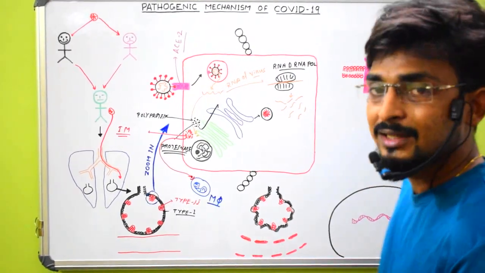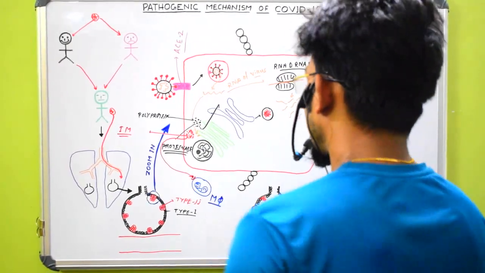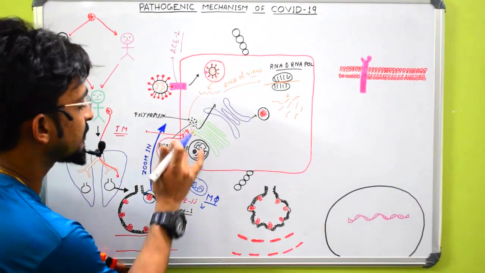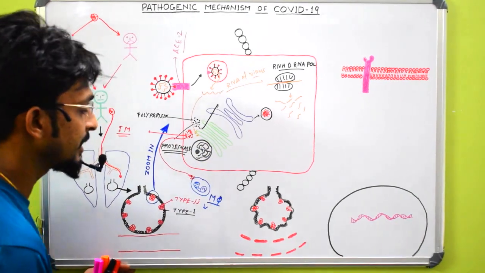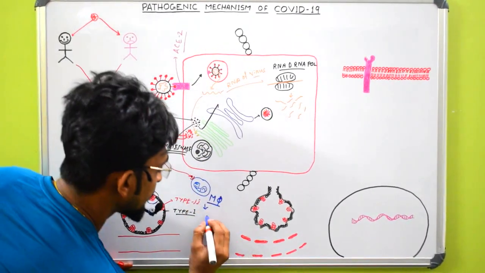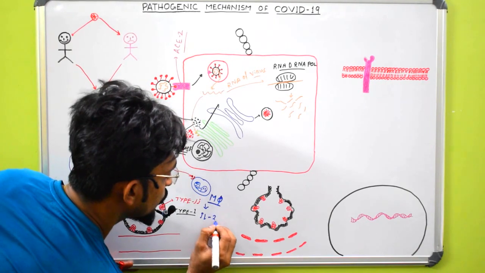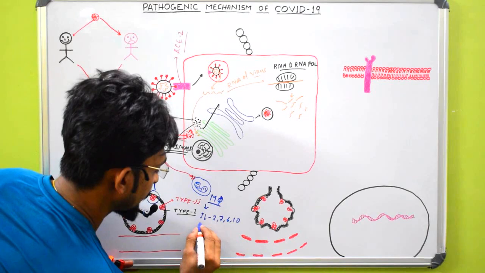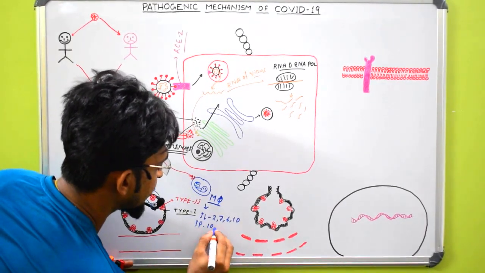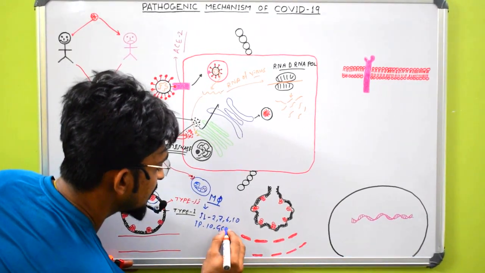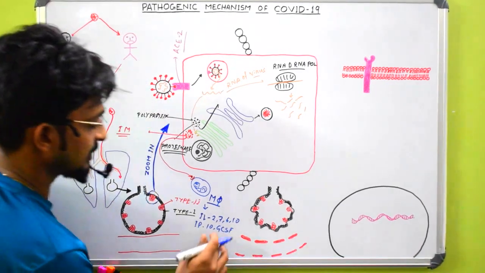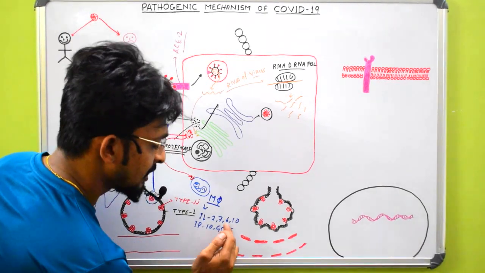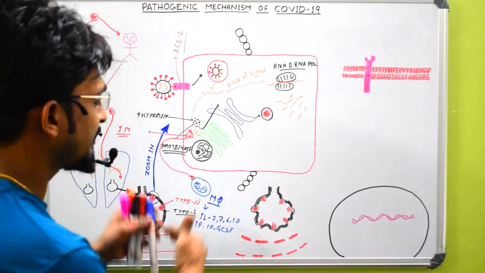These are nothing but the vasodilators. So for example, soon after the binding of this inflammatory mediator, the macrophage will produce interleukin 2, 7, 6, 10, IP10, then GCSF, that is granulocyte colony stimulating factor, and many others.